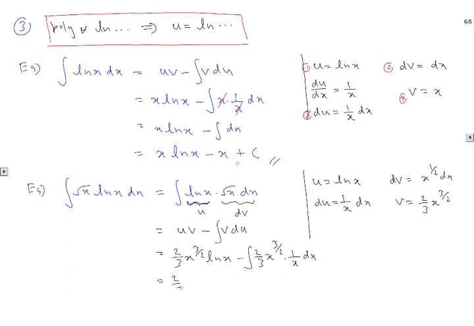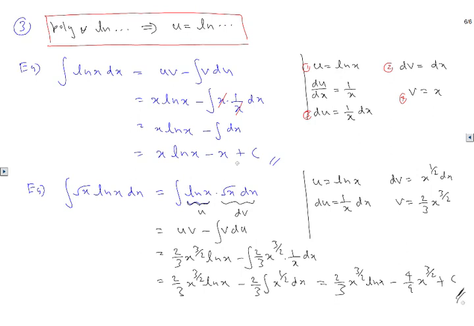You're going to have 2/3 x to the 3/2 ln x minus 2/3 times the integral of x to the 1/2 dx. Now you can integrate that again, so you get 2/3 x to the 3/2 ln x minus another 2/3 x to the 3/2, so that means 4/9 x to the 3/2, plus c. You add the c at the end. Okay, so that is the answer for that.